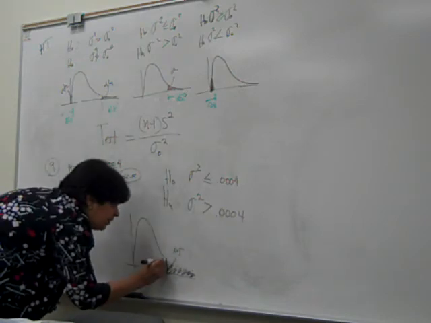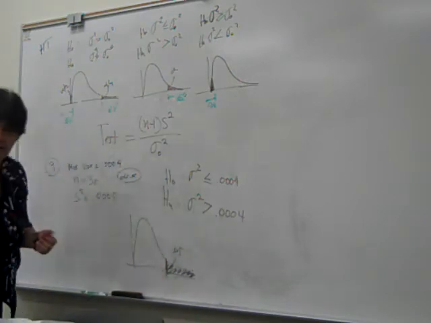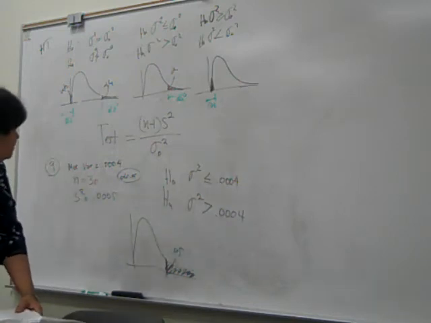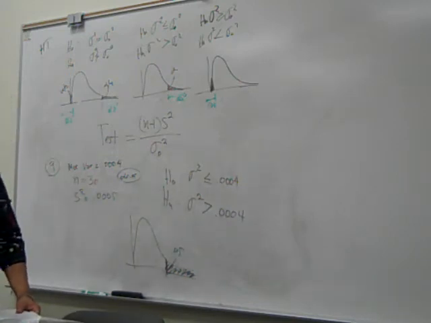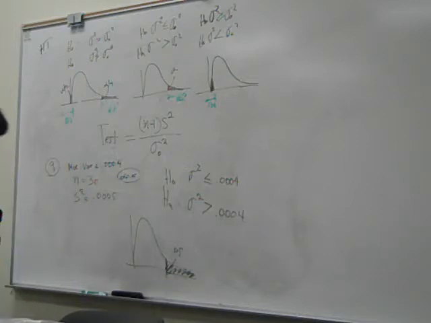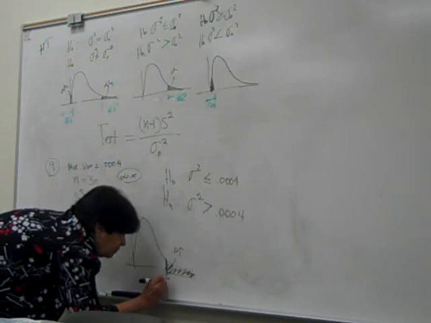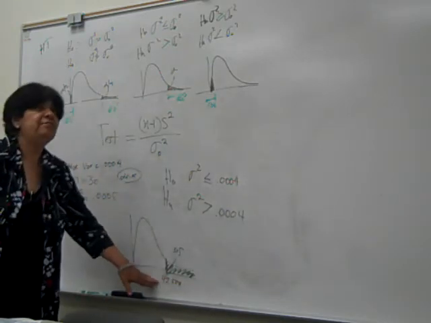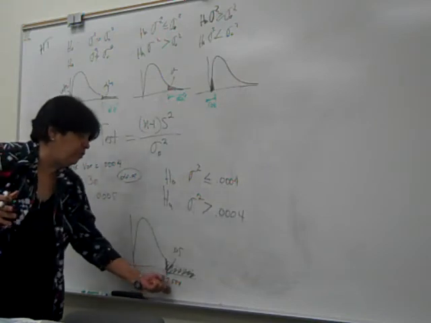So what is this critical value over here? Go to the chi-square table. How many degrees of freedom? 29. And what are we looking for? The 0.05, and that value is what? 42.557. Okay, so this is my critical value.